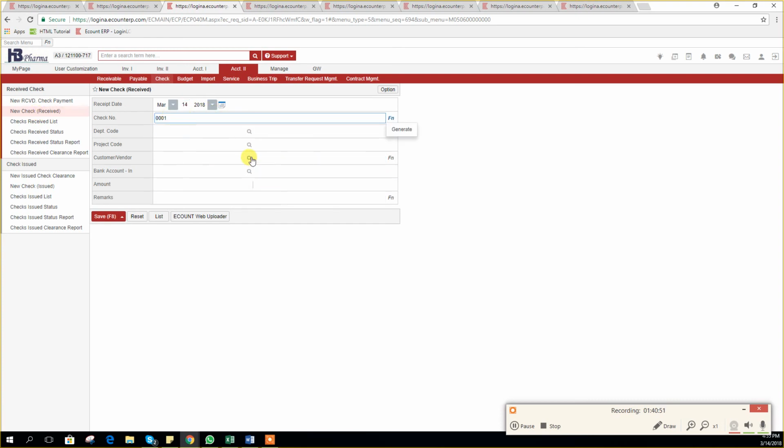But if you actually want to monitor when you received it and when it cleared, then you need to do this, especially if you do bank reconciliation in your company. So you do need to know when the check is cleared and everything.